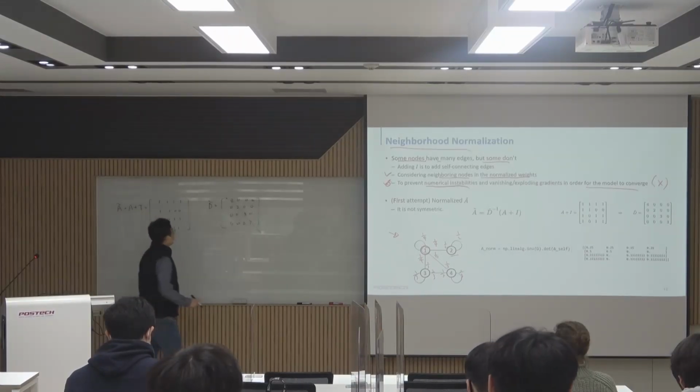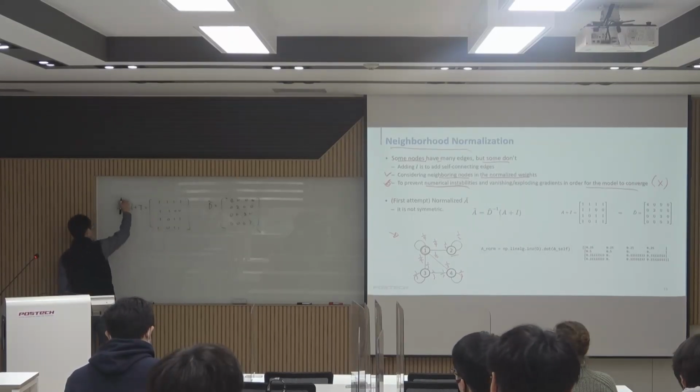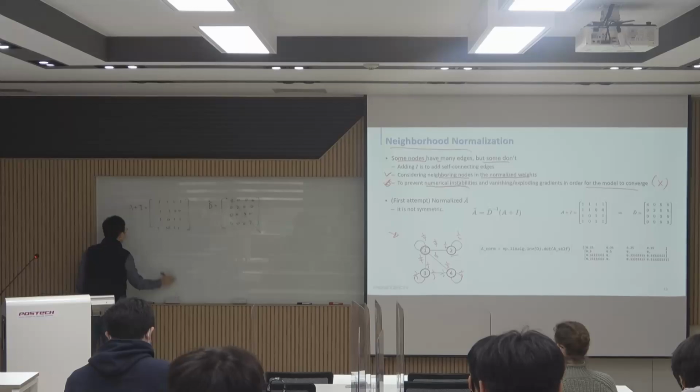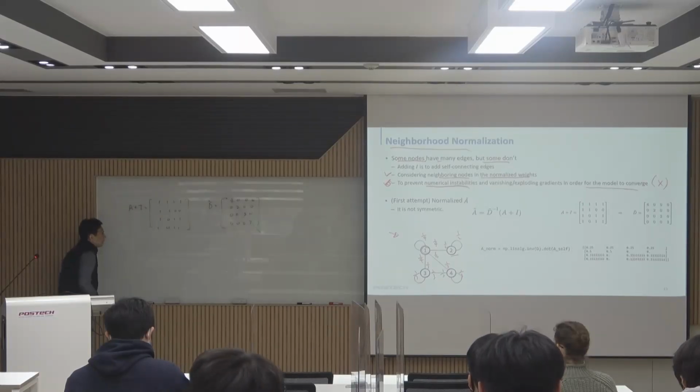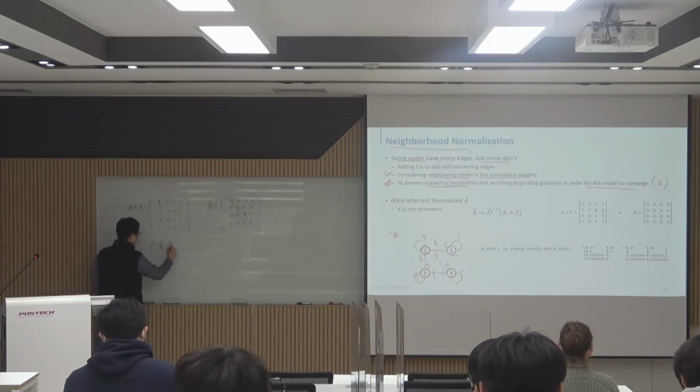What we want to compute is, this is not A tilde, this is the A plus I matrix. I want to do neighborhood normalization. Because the first node has 4 connections, that's probably what we want to do, and for 2, divide by half.